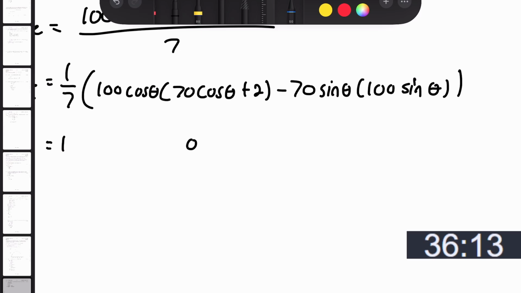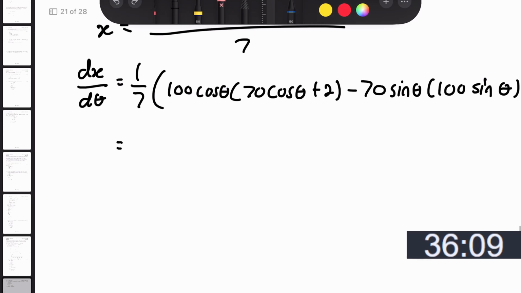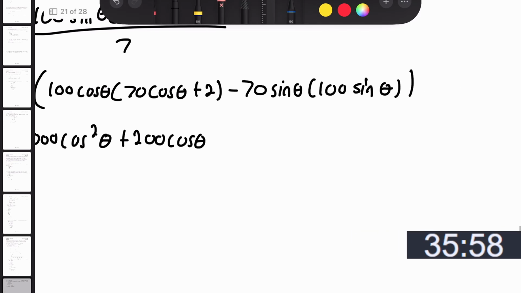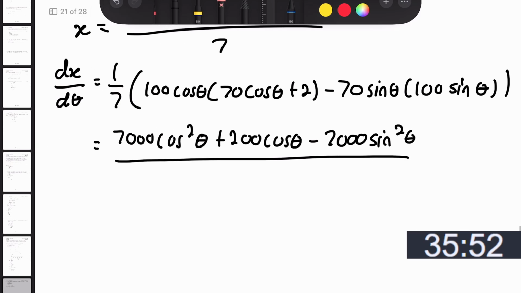Oh wait, I can't just divide it all by 7 because this isn't divisible by 7. So I'm going to have 7000 cosine squared of theta plus 200 cosine of theta minus 7000 sine squared of theta, all on 7.